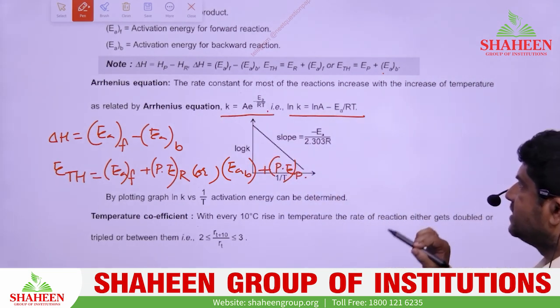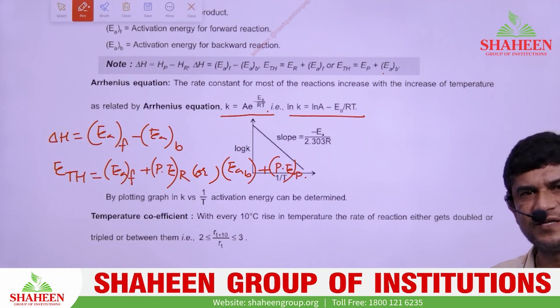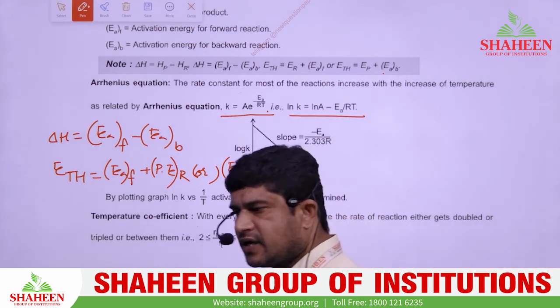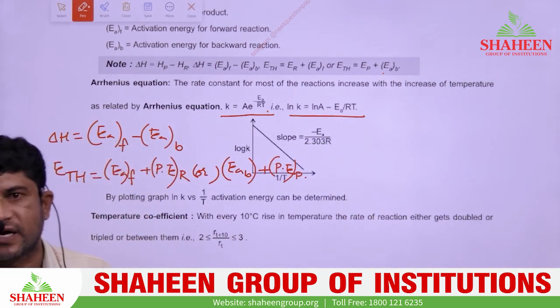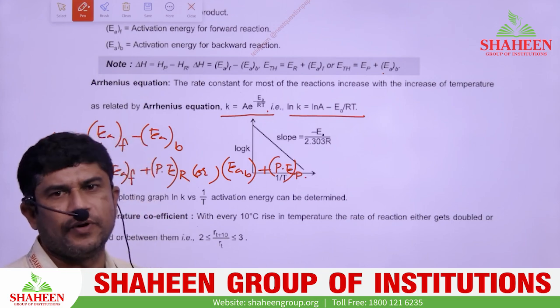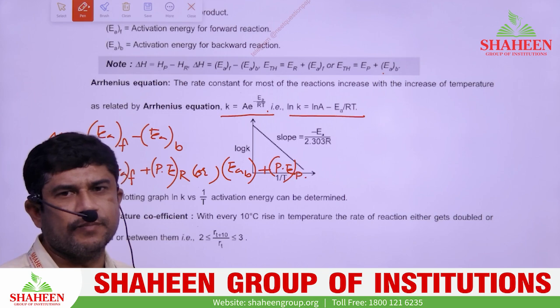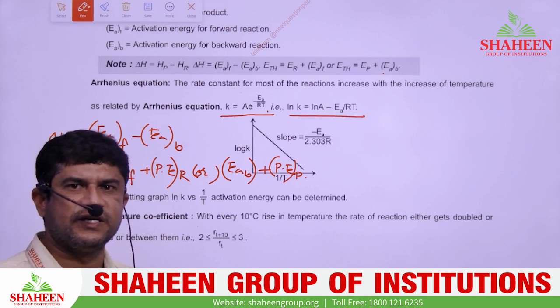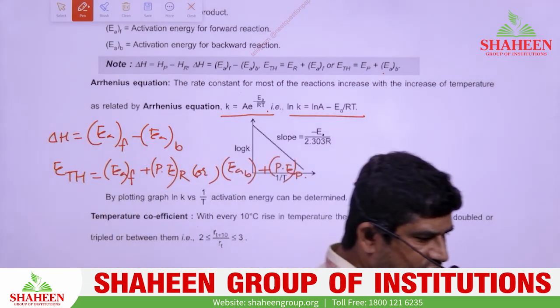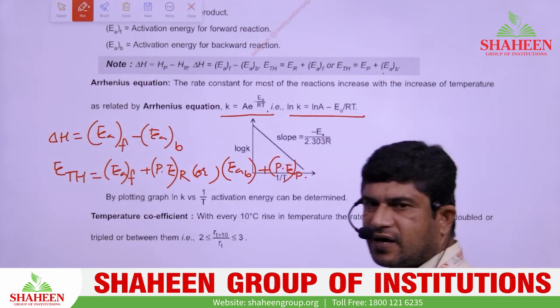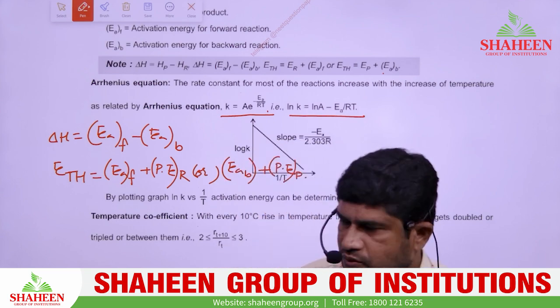According to it, as the temperature increases, the rate constant value increases, and the rate of reaction also increases. For each 10 degree rise in temperature, the rate of reaction gets doubled. In some reactions, the rate may even be tripled.